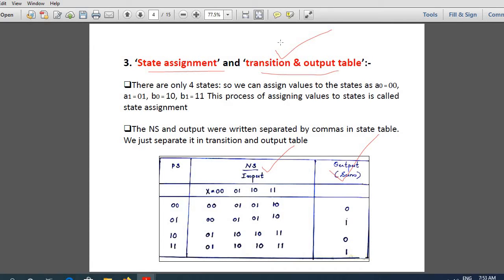So actually there's no significance for this one. You can just call it state assignment. In state assignment, what do you do? You give values for your states. So you give the value of A0 as 0 0, A1 as 0 1, B0 as 1 0 and B1 as 1 1. So you assign those values.